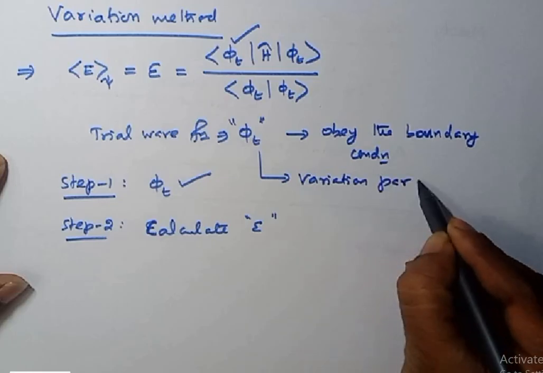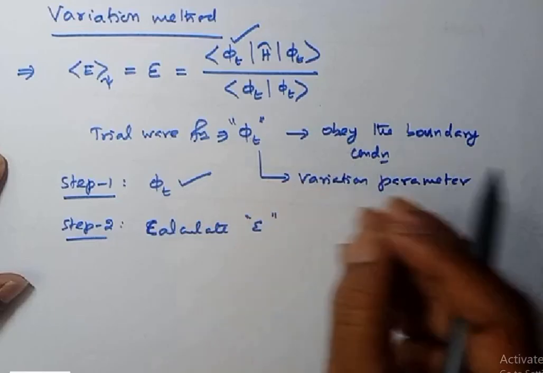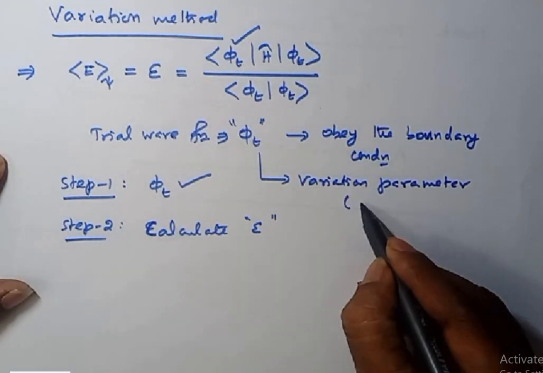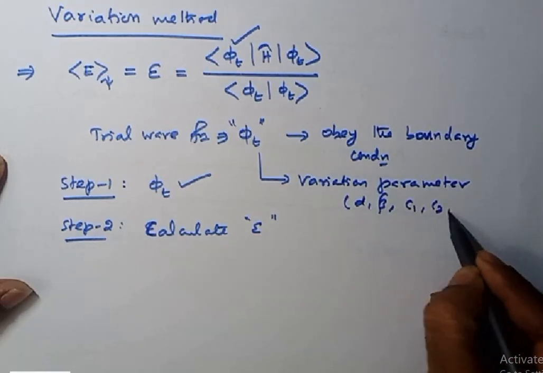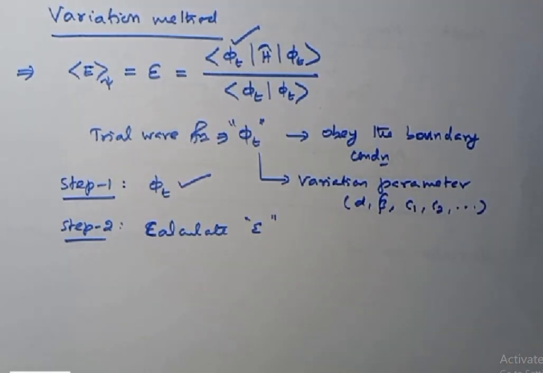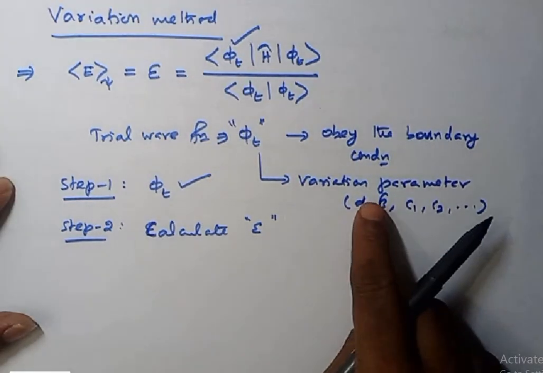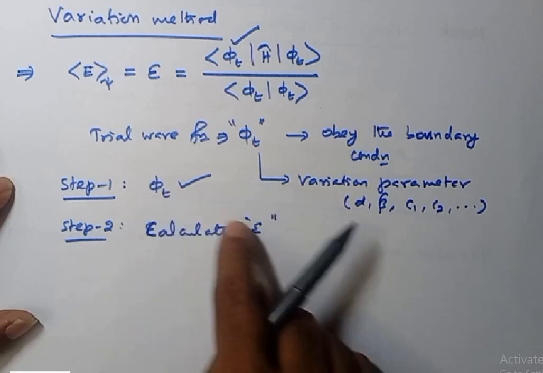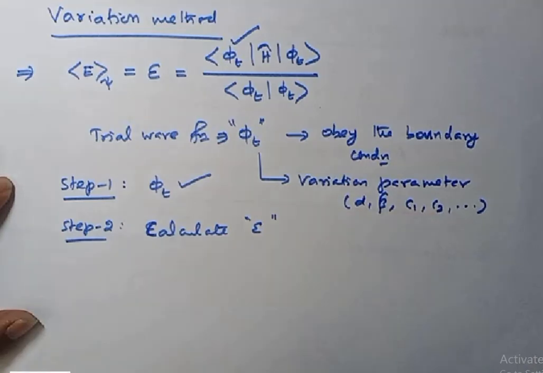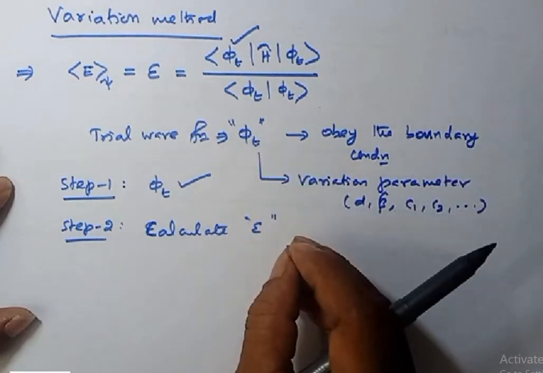You should guess a trial wave function that contains some variation parameters, usually denoted as alpha or beta or C1, C2, etc. The expectation energy that we calculate using the trial wave function depends on these parameters. At one particular value of the parameter, the expectation energy reaches the minimum.